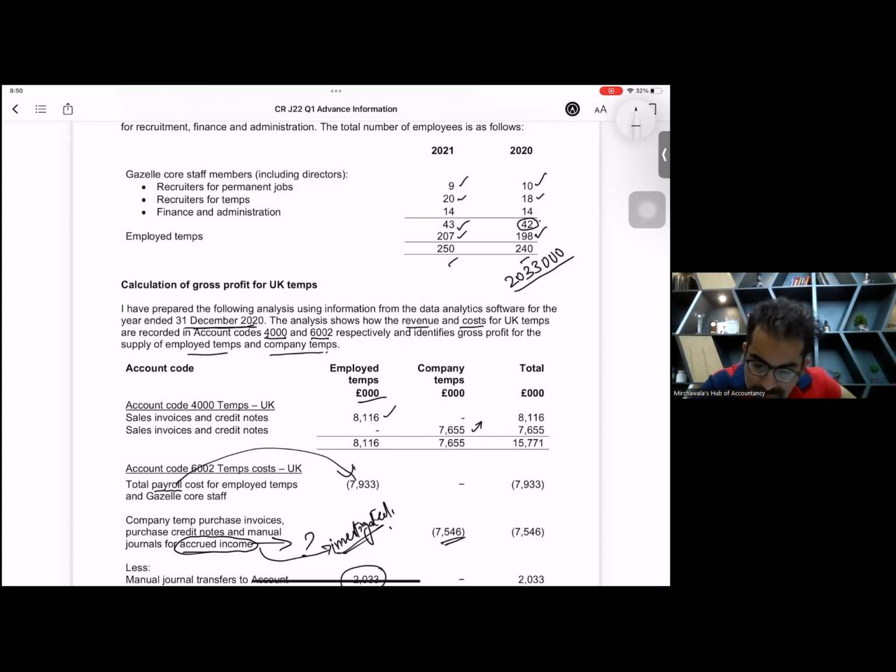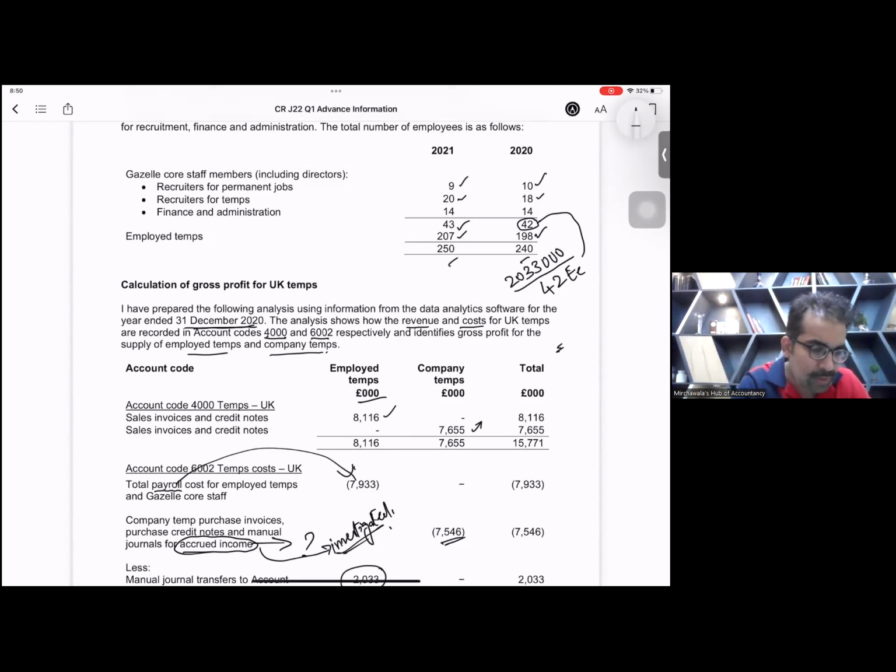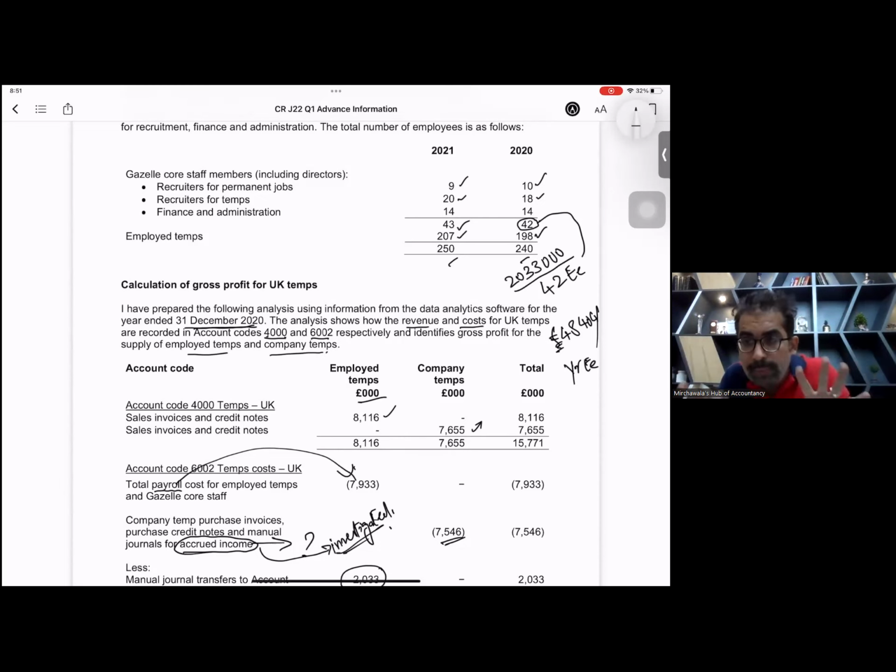So last year we had 42 employees. Can you calculate per employee salary? 2,033,000 divided by 42. Come on, do it. So it's 48,404 pounds per year per employee. This is the salary for our core staff. Core staff means our own employees.